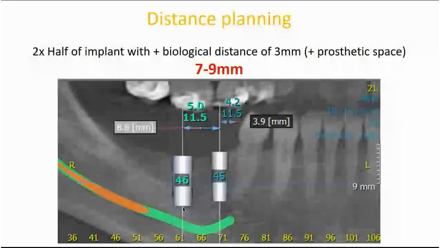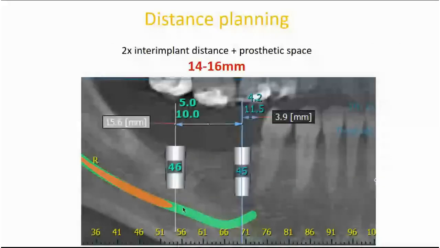Okay, again, we will go to the presentation, and we will ask ourselves if we need to plan a bridge where two implants are carrying a three-unit bridge. Then we will count 2 times the inter-implant distance.